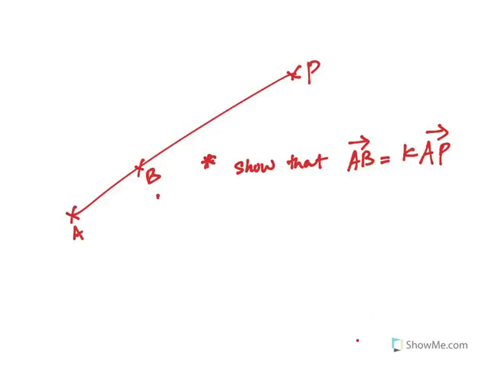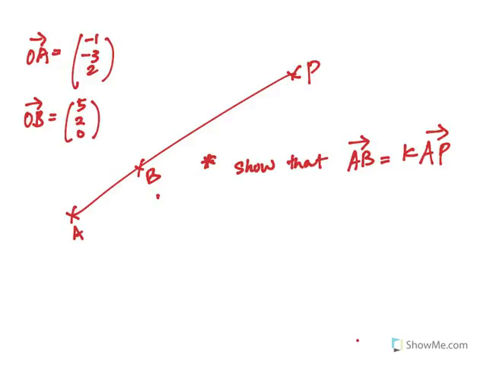So first, what we need to do is find what is AB. Let's quickly write down our numbers. OA is equal to -1, -3, 2. OB is equal to 5, 2, 0, and OP is equal to 1 + 2λ, λ - 2, and 2.